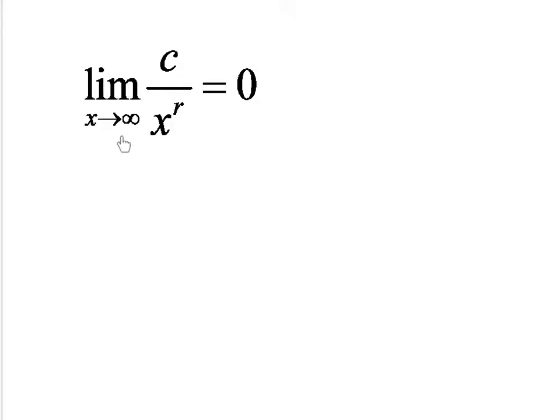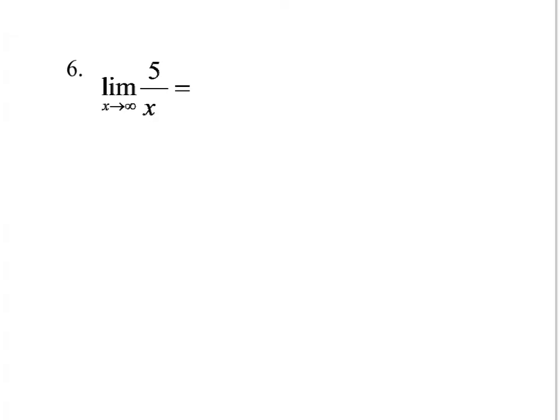So as x gets infinitely large, the value of our fraction gets infinitely close to 0. And we talked about this when we did horizontal asymptotes in rational functions way back in chapter 2.